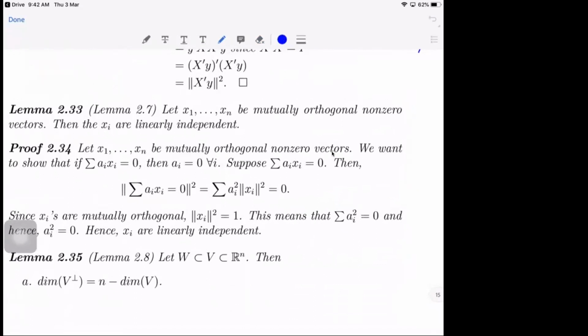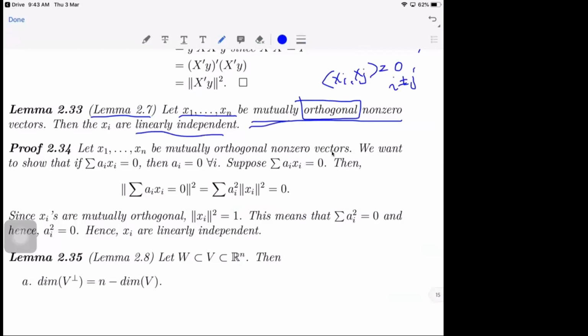So, this is Lemma 2.7 in Arnold. If our x's are mutually orthogonal non-zero vectors, what does orthogonal mean? The inner product of xi, xj is 0 for i not equal to j. Mutually orthogonal, so for all pairs.